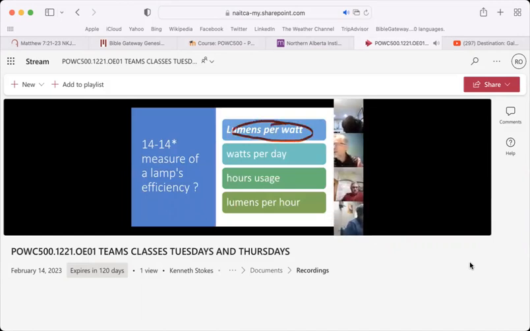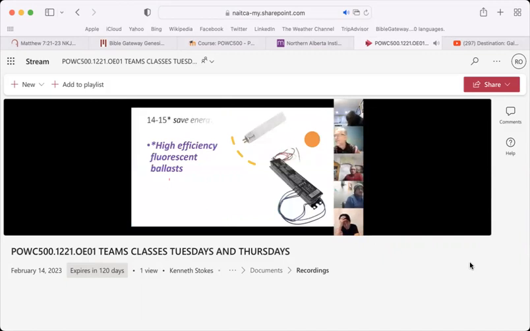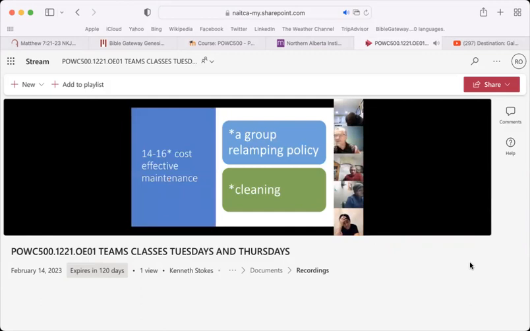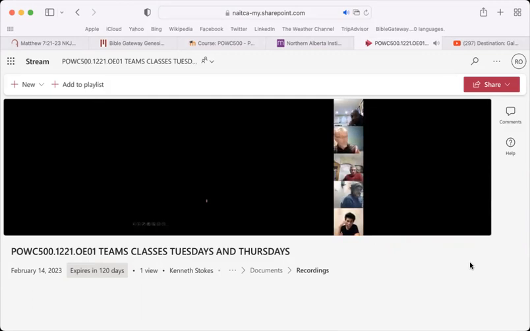Measure of efficiency of a lamp: lumens per watt. High efficiency ballasts save energy and produce less heat. Most effective maintenance for electrical lighting systems: group relamping and cleaning.